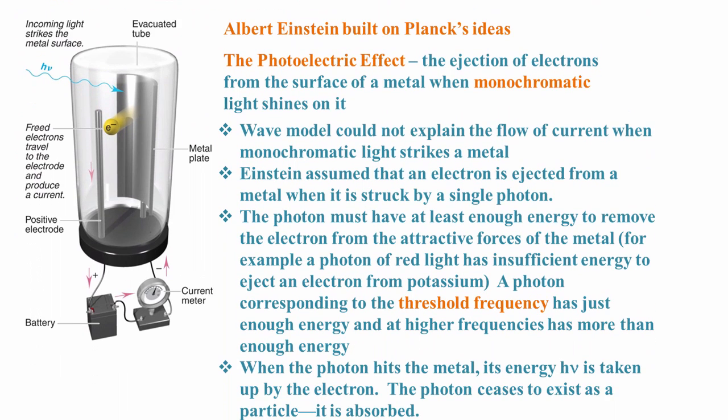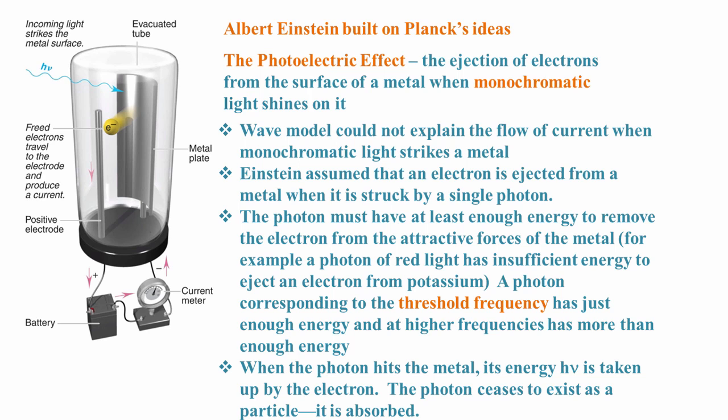In 1905, Einstein used the concept of photons to explain the photoelectric effect. The photoelectric effect is the ejection of electrons from the surface of a metal or some other material when light is shined on it. The electrons are ejected only if the frequency of the light exceeds a certain threshold value, which will be characteristic of the particular metal or substance.